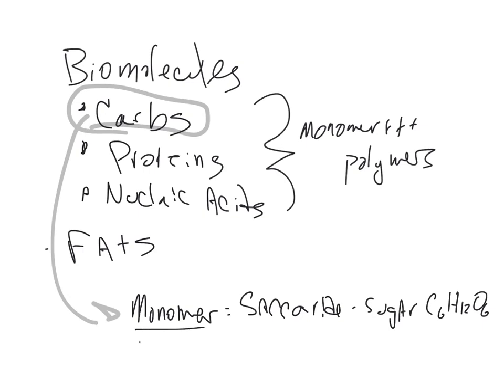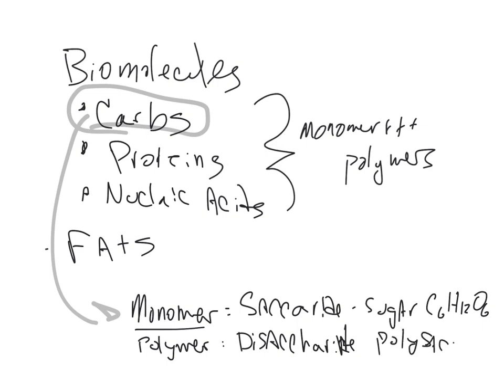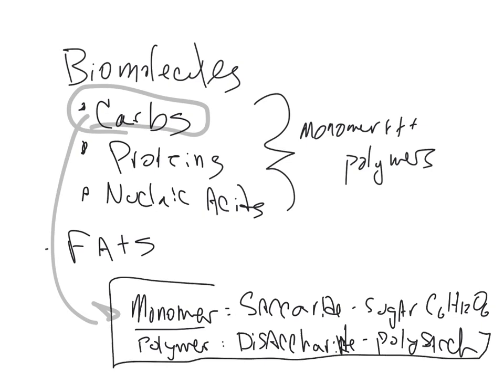So that's the monomer. And then for the polymer, we have disaccharides. That's a D, sorry. And poly, which is just many. So polysaccharides. So this is the overall organization of monomers and polymers.